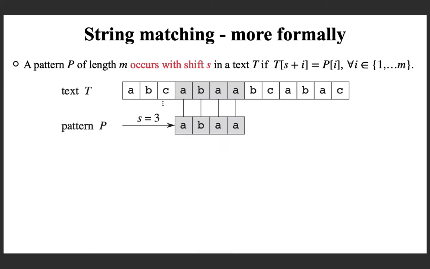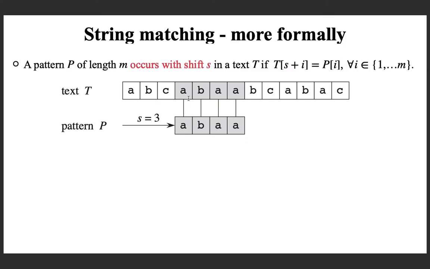An example can make it more clear. Here a text input is given and a pattern is given, and you can easily see that this pattern occurs in the text from index 4 to index 7.